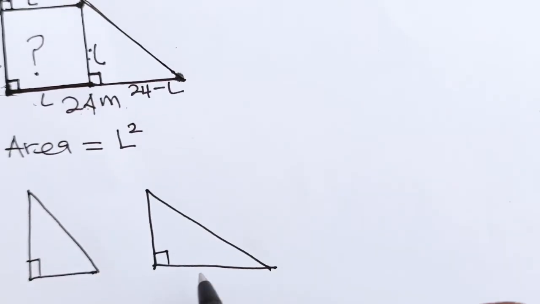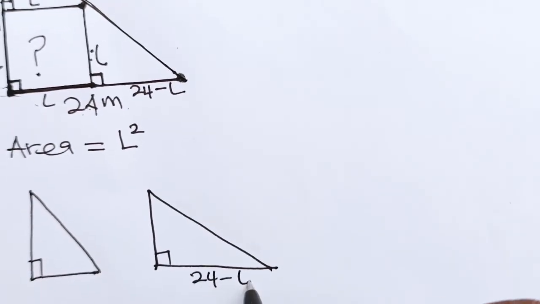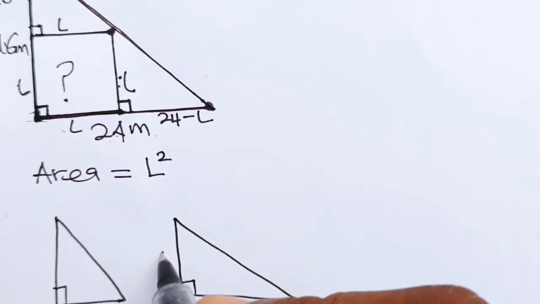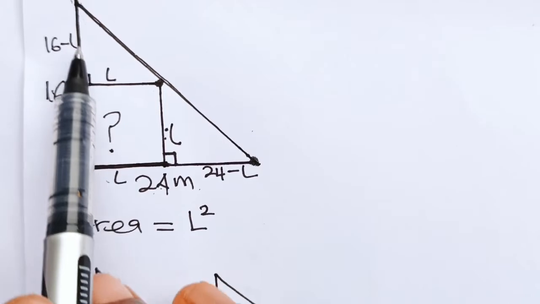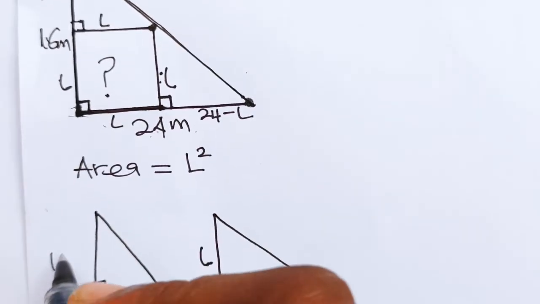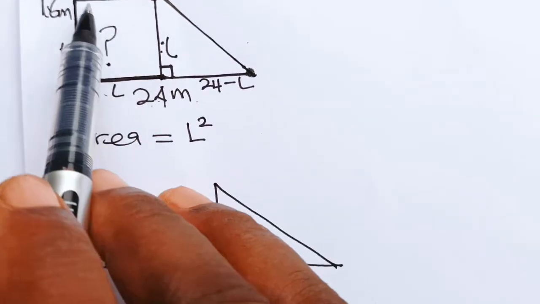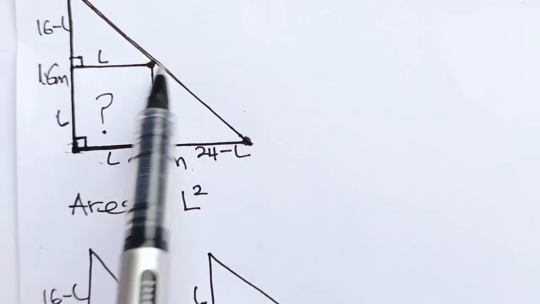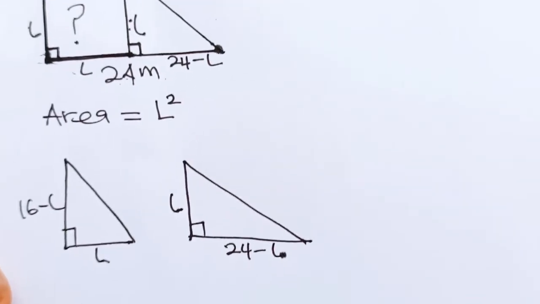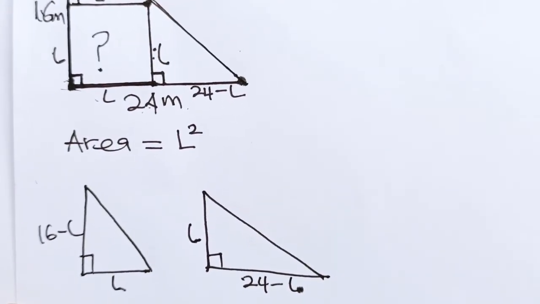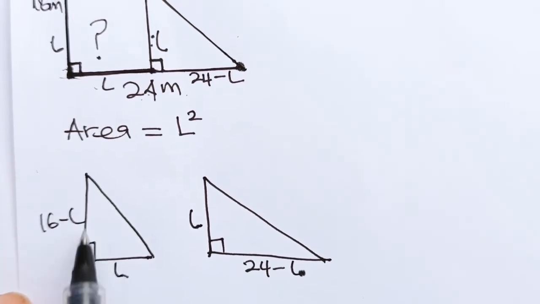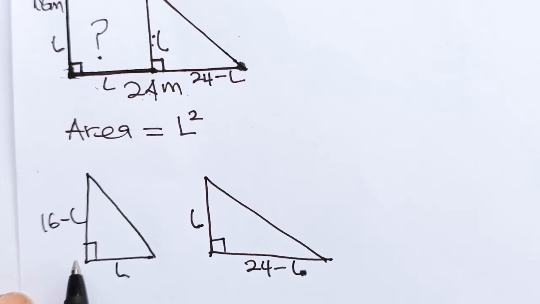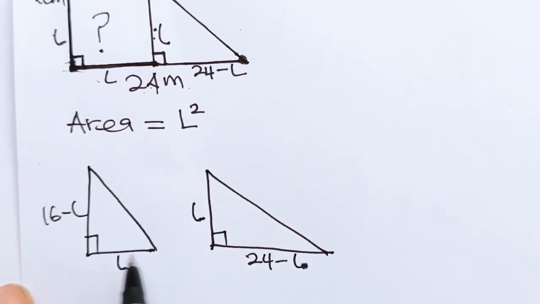Now let's write it here. So when you come to this place, it is 24 minus L. This place is L. Then when you come to this one, this place is 16 minus L, and this place is L. Now, since these two triangles are similar, we can take the height divided by the base.